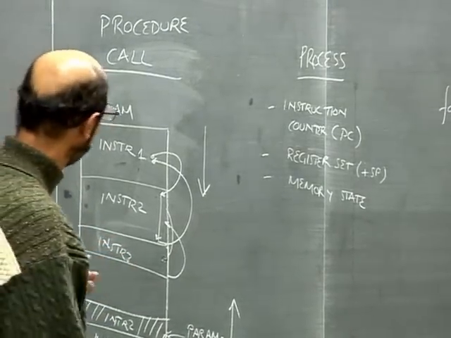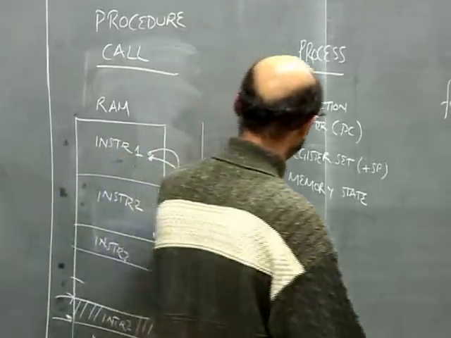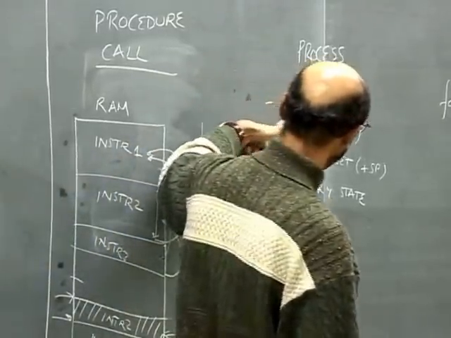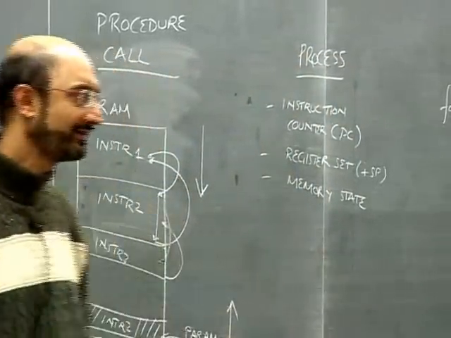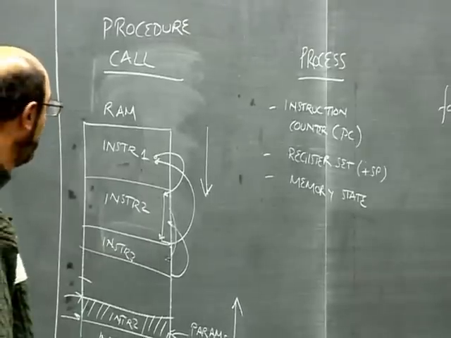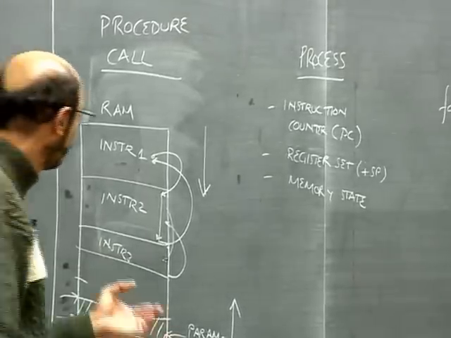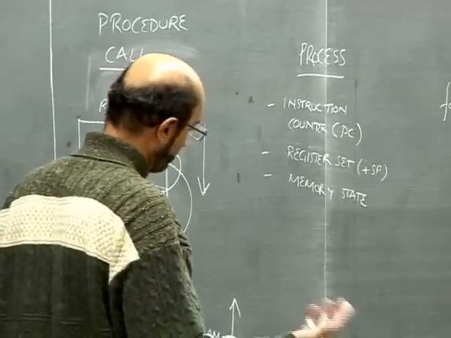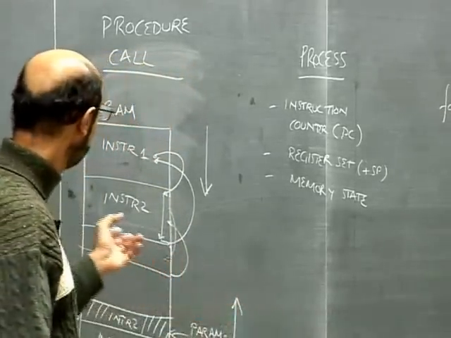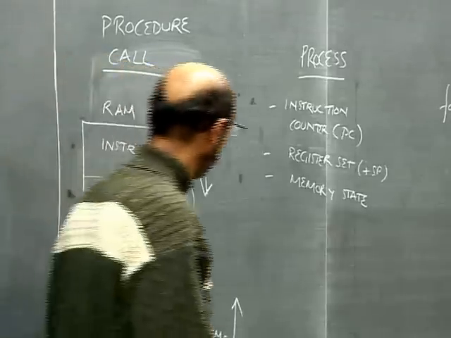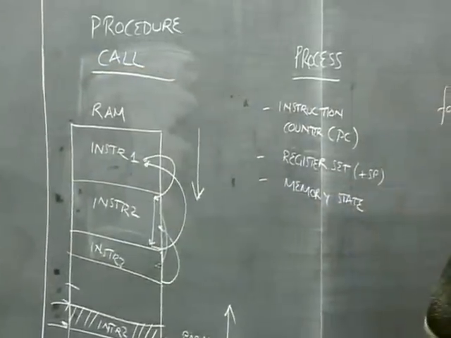So what happens after the fork is that we have two instruction counters, two register sets, and two memory states, because everything has just been cloned exactly at that point. We have a problem, which is that as a programmer, we need to know whether the code I'm writing is executing in the context of the parent or the child. So we return a value.